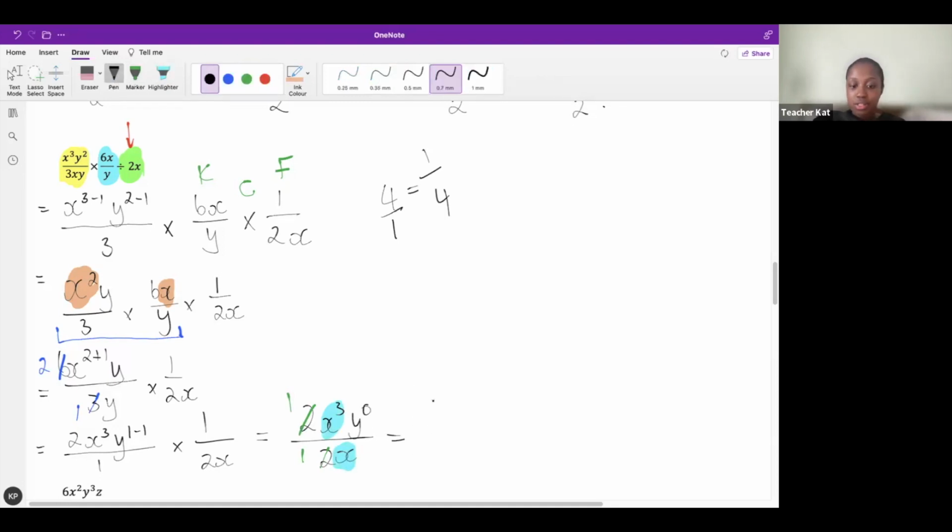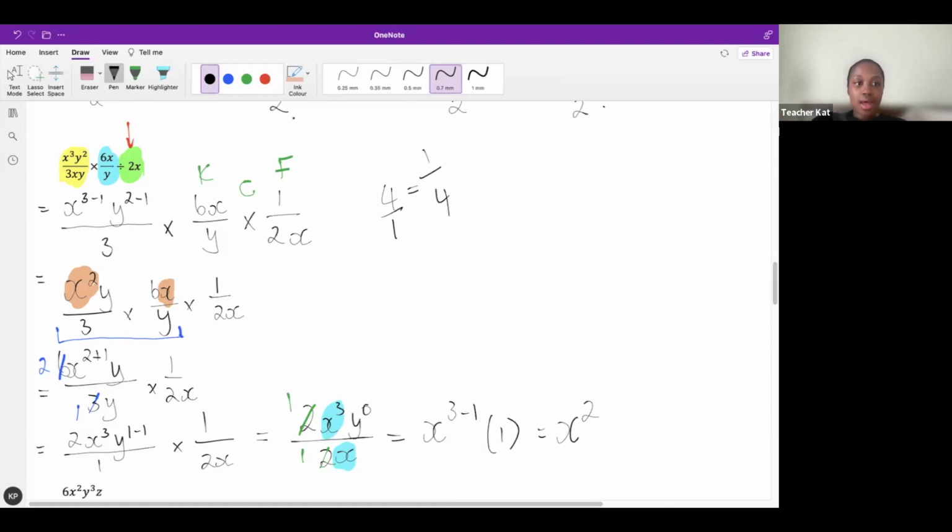We are dividing, so we're going to subtract. So it's going to be x to the power of 3 minus 1. And my y to the power of 0 is equal to what? Y to the power of 0, we said is 1. So this is all times 1. So then my final answer is x to the power of 2.